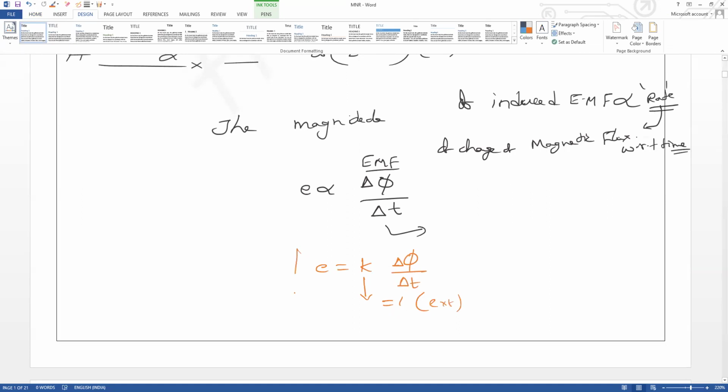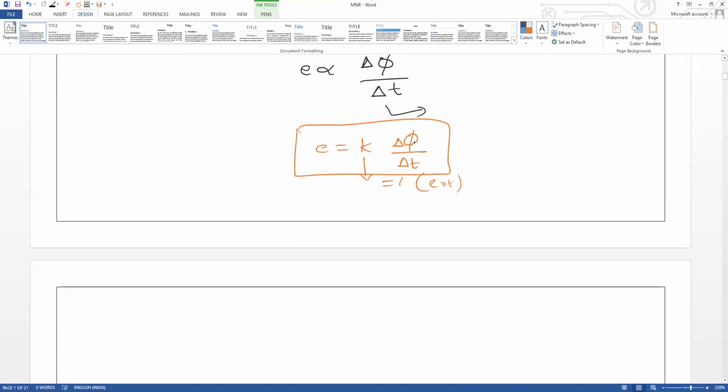If you notice, it is total, and total means average. Delta is not d, which means a particular part at that instant. Delta means total. So average EMF is equal to the mod of delta phi divided by delta t. That is what you have to remember.